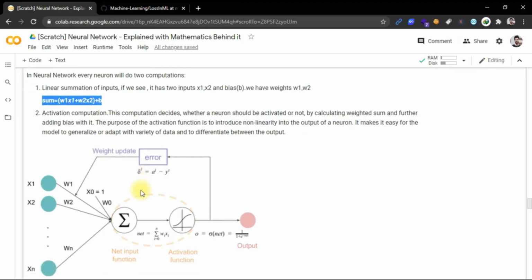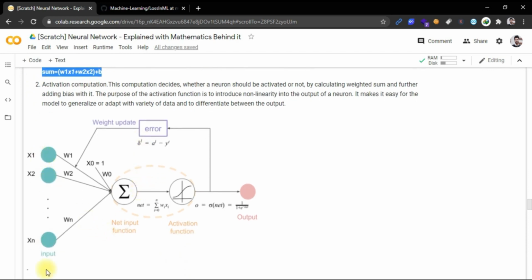In this diagram, there are n inputs and n weights with those inputs. These are all added in the summation function, where the bias is added also, and then it goes to the activation function, where it calculates the loss also. If the loss is above the threshold, it can go back with the help of the backpropagation algorithm and update the weights.